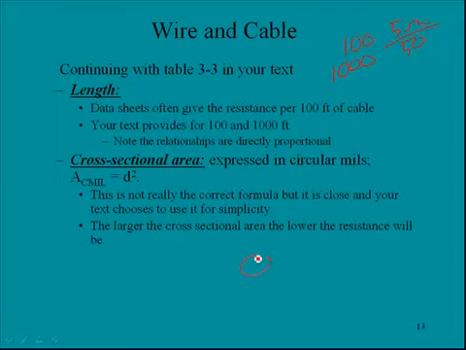So if you have 2 cables, and this one has a larger cross-sectional area than this one, this wire with the larger cross-sectional area will offer a reduced amount of resistance than the same material at a smaller circular cross-sectional area.